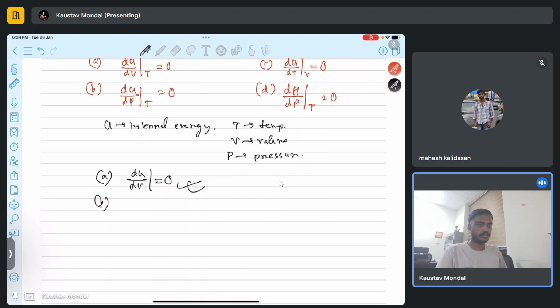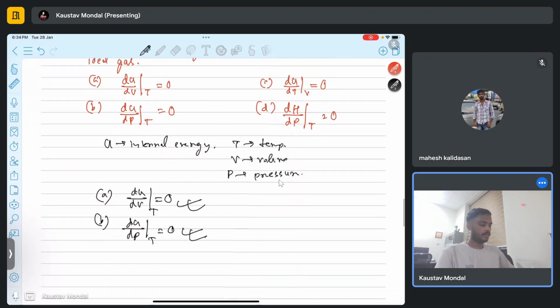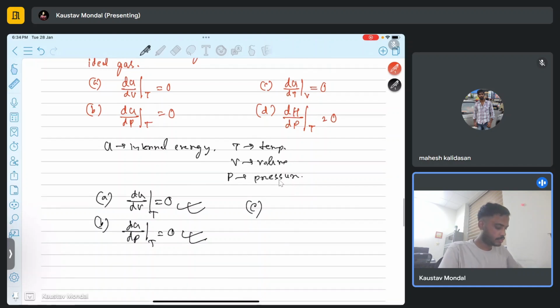Then the second option is dU/dP. Similarly, there is no pressure term in the expression of U, so this is also 0, so this statement is also true. But the c statement, we know the expression of U, dU equal to C dT, where C is the specific heat. So the dT term is there in the expression of dU, right?